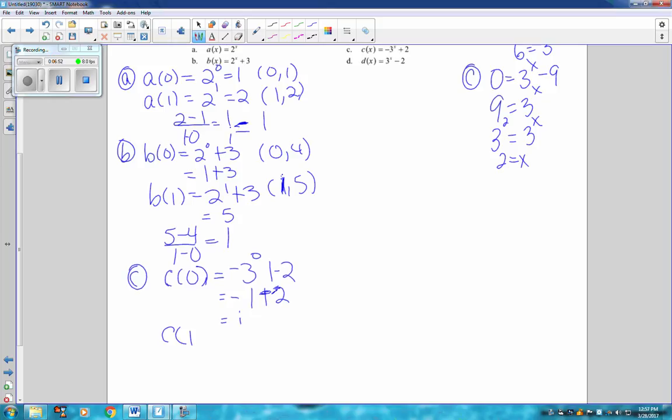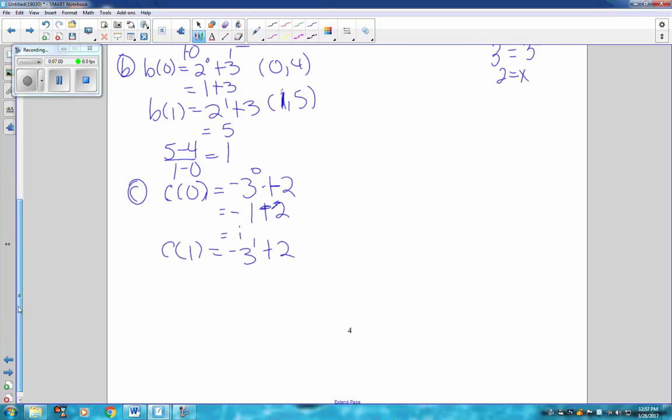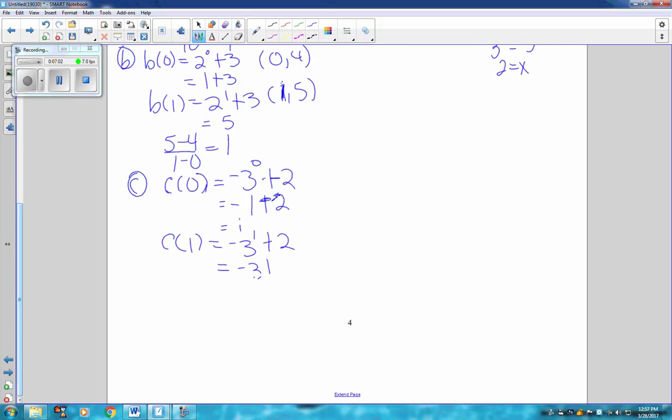Now c of 1 would be negative 3 to the first power plus 2. That's going to be negative 3 plus 2, which is negative 1. All right, so this was the ordered pair 0, 1. This is 1, negative 1. So I have negative 1 minus 1 over 1 minus 0. That's going to give me negative 2.